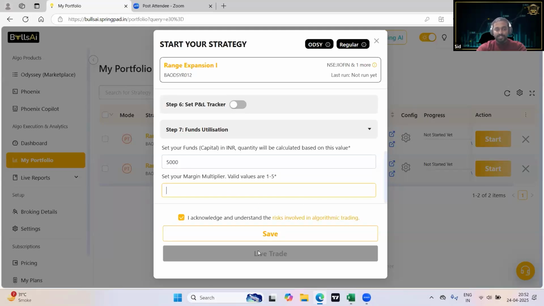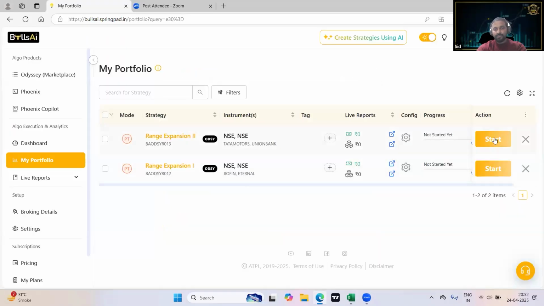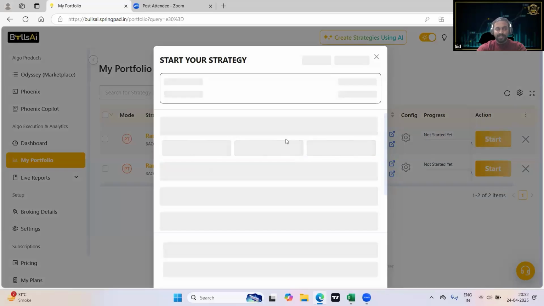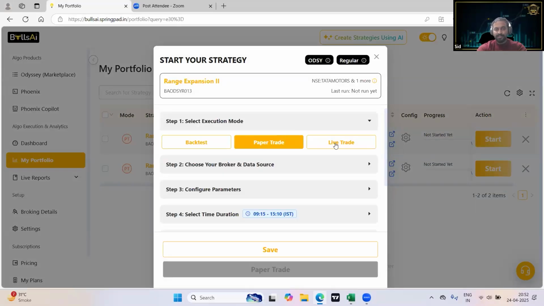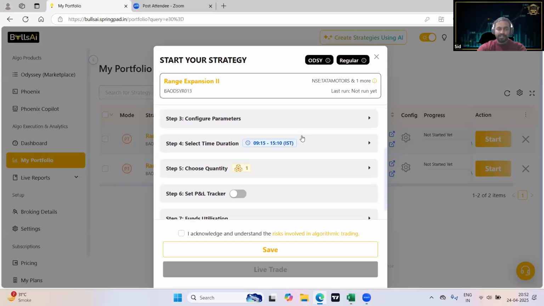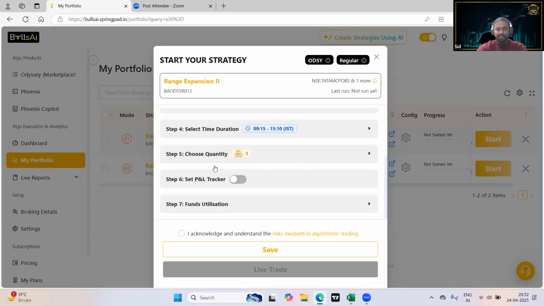Once that is done, you just have to go ahead, click on live trade, and that will execute your order. Similarly, you can do it for range expansion 2. You can just toggle between paper trade and live trade. Don't select quantity, don't select anything else, just come down.